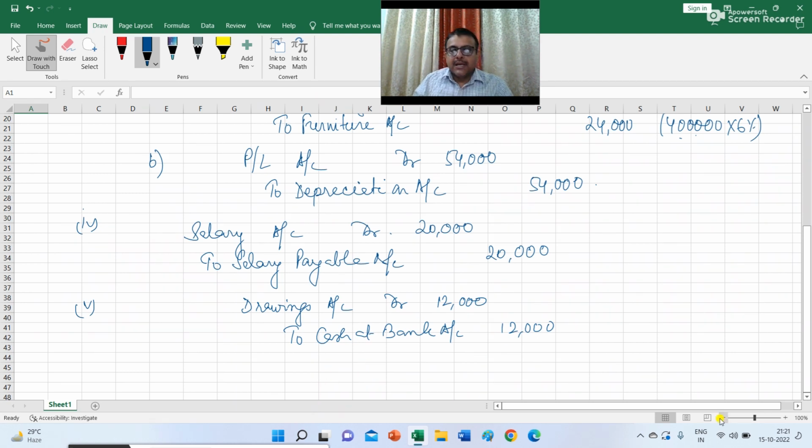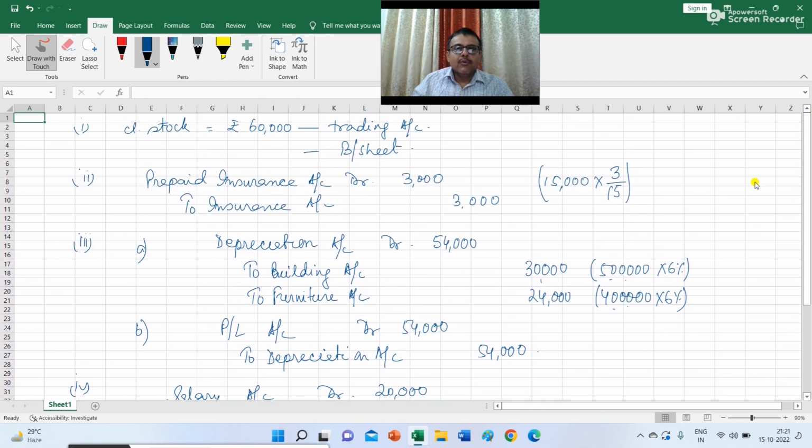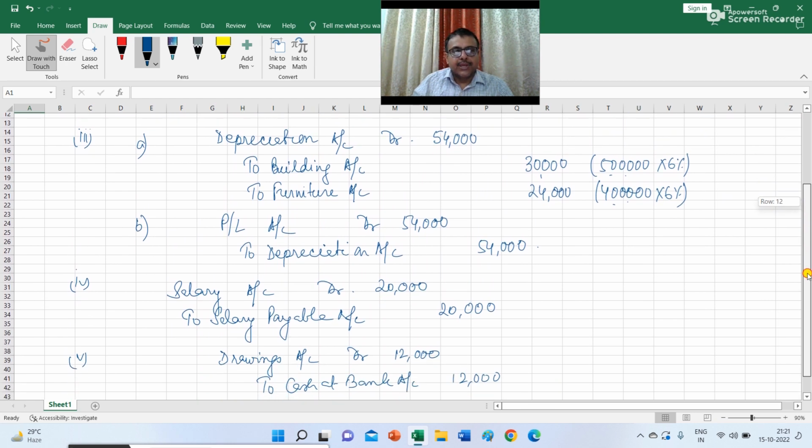So these are the 5 adjustment entries given. Number 1 is the closing stock. Number 2 is regarding the prepaid insurance. Then we have to charge depreciation, then salary outstanding, and the last one is regarding the drawings.